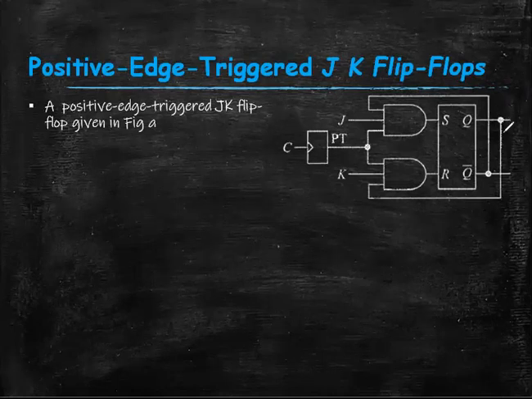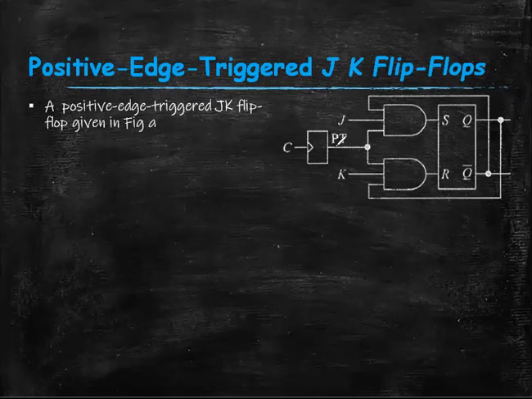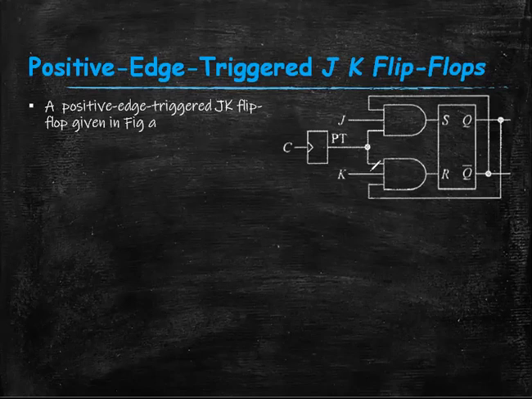This Q is fed back into the AND gate, and the Q bar is fed back to the upper AND gate. Here a 3 input AND gate is used, and one of the inputs is the pulse triggering or the clock, and one input is J, and in the lower part the input is labeled as K. Okay.